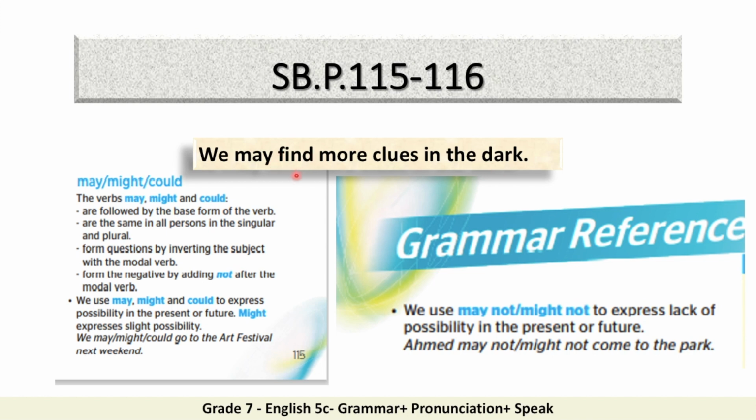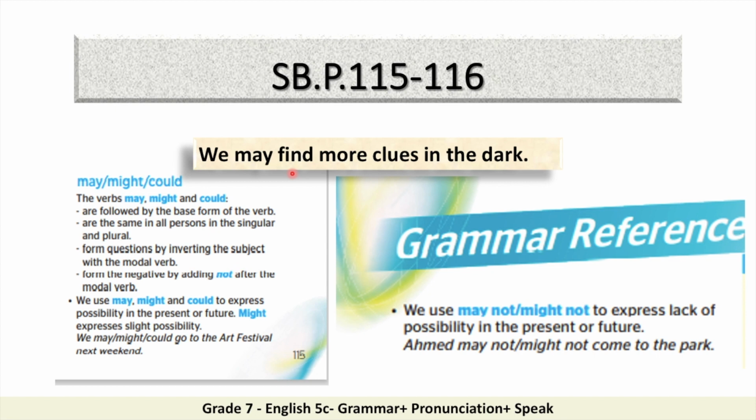Find is the base form of the verb. Do you have S here? No. Do you have ing? No. Do you have ed or something like that? No. So we should use the base form of the verb after the modal verbs.